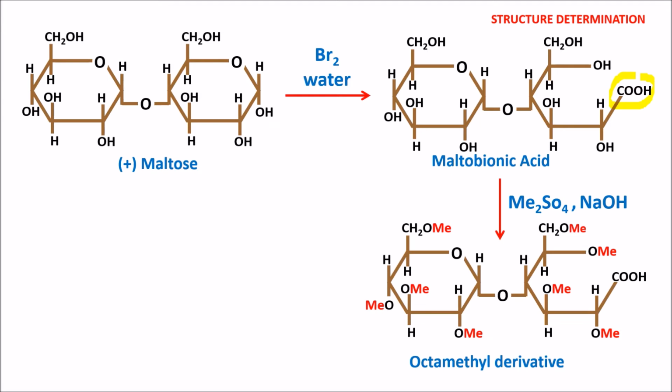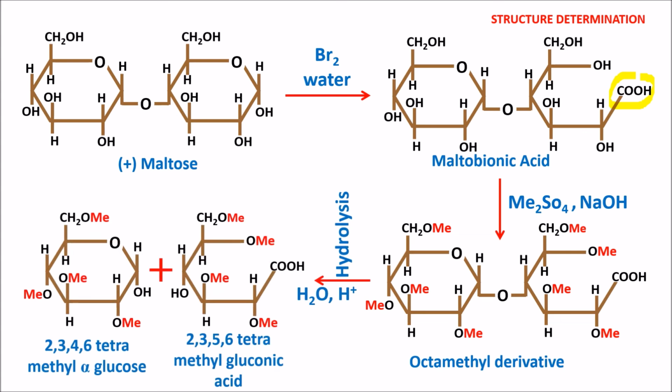Followed by hydrolysis, it gives us 2,3,4,6-tetra-O-methyl glucopyranose and 2,3,5,6-tetra-O-methyl gluconic acid. Here all the free H+ ions are replaced by methyl groups.